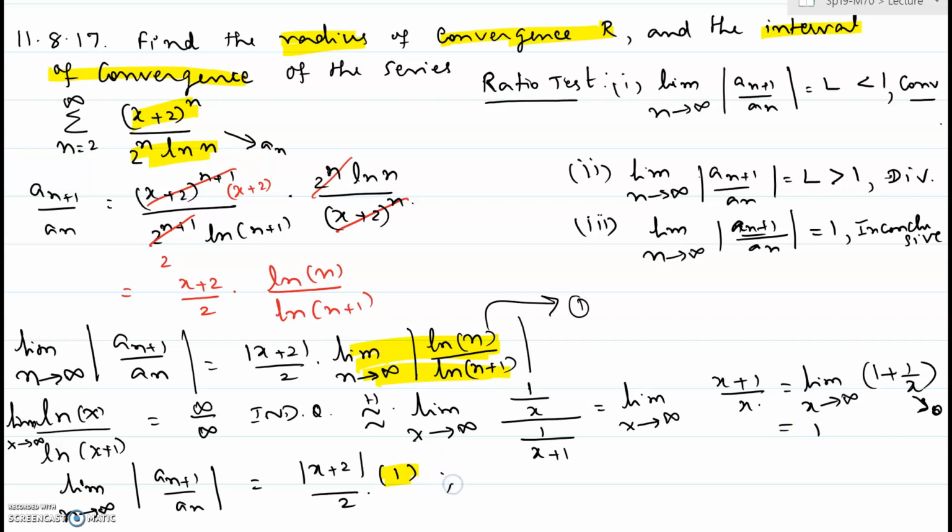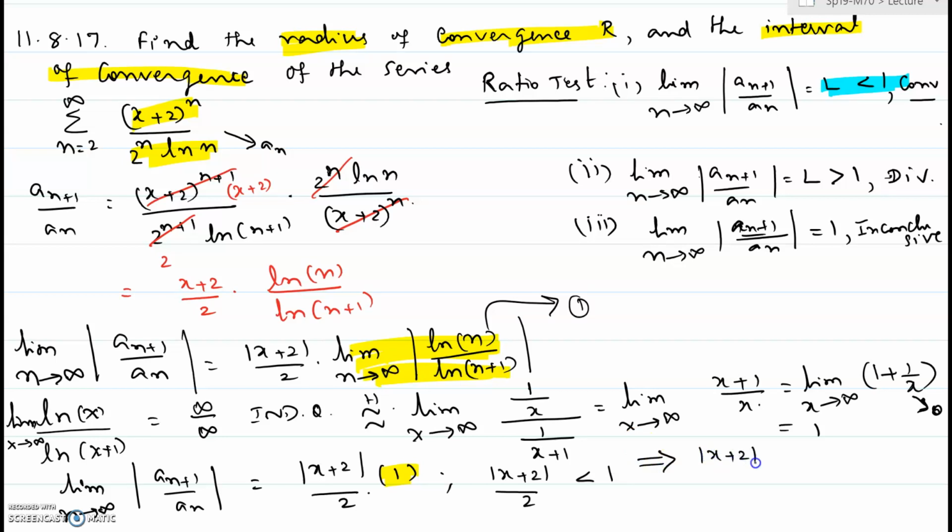From the ratio test, we have that the limit of absolute a_(n+1) over a_n is equal to L, and if L is less than 1, that will establish absolute convergence. So according to the ratio test, absolute x plus 2 over 2 less than 1 would mean absolute convergence.